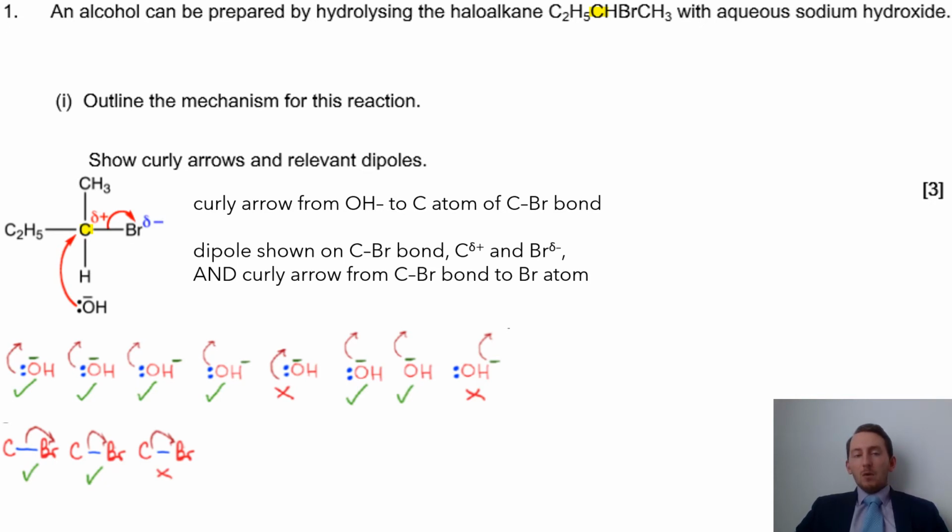And then if we have our final product, we've swapped out our bromine for our OH, so make sure you always add in that bromine or whatever it is that you've kicked out. Make sure you show that you have that there as well. So 3 marks there, 2 for your arrows and your charges and things like that, and then for your final product you get your final 3rd mark there.